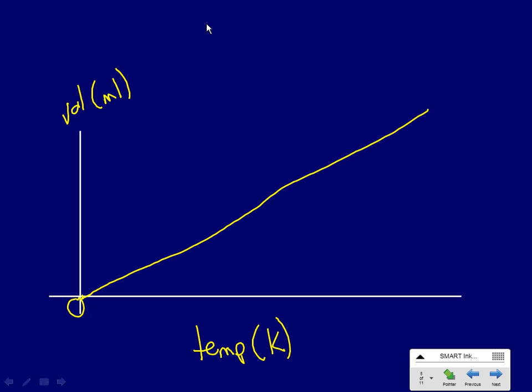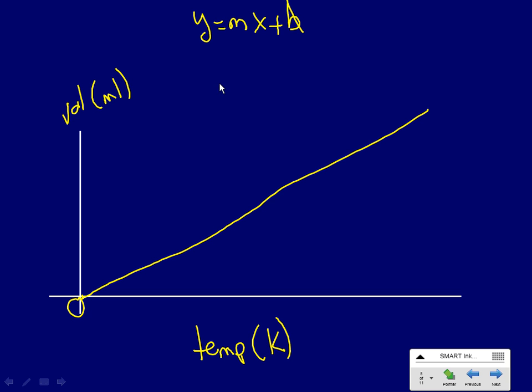If I wanted to come up with an equation for this, and you can put this underneath, if I want to use y equals mx plus b, now with this particular version, there is no b because we're at the origin, 0, 0.